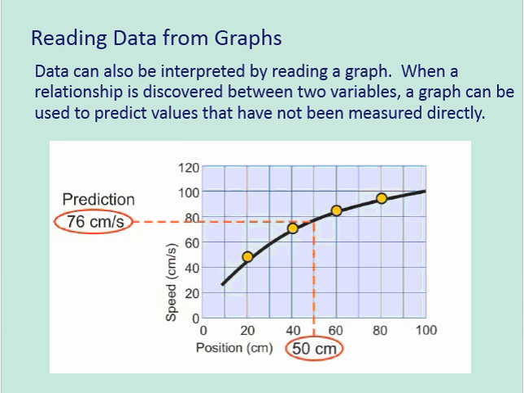But now using their graph, they can actually read the information as to what the speed would be at 50 centimeters. You simply go up from your X value, find where that intersects your curve, and then go back to the Y-axis and get its coordinating point.